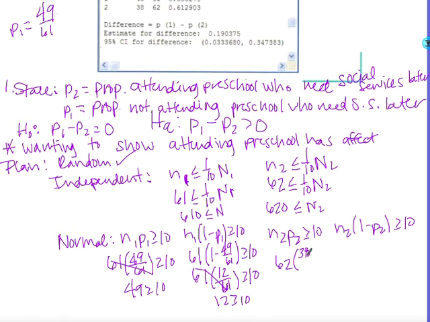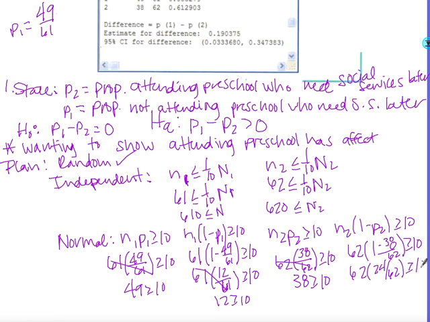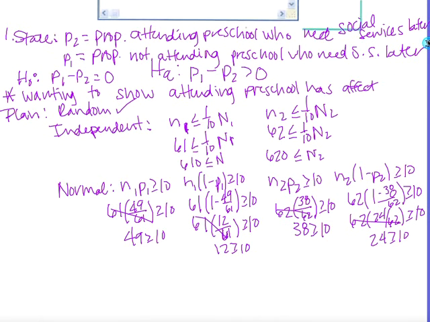Your proportion that needed social services would be 38 out of 62. So that would turn into 62 times 24 over 62. Those would cancel. 24 is greater than or equal to 10. So because all of those were met, then we would say thus it's approximately normal.